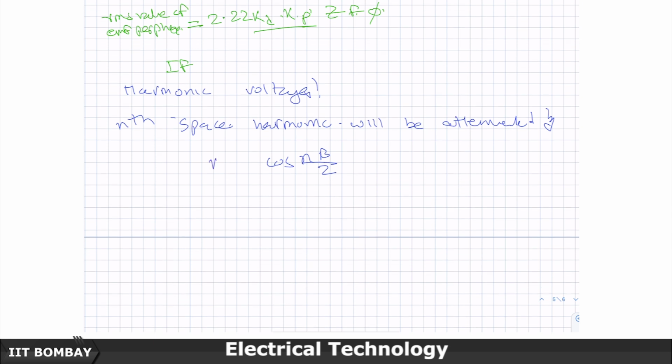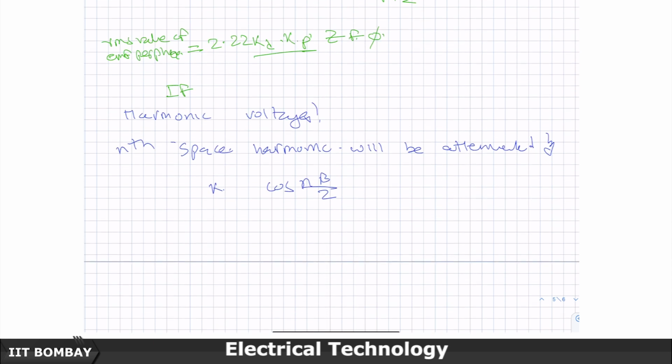So, Kp of n is going to be cos of n beta by 2.